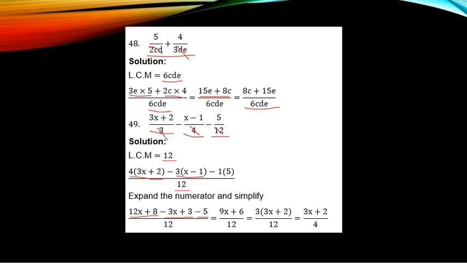So you add and subtract like terms. The like terms, they are 12s minus 3s, and that is 9s. You have plus 8 plus 3, that is plus 11, minus 5, you have plus 6. Okay, if you look at 9s plus 6, 3 is common.